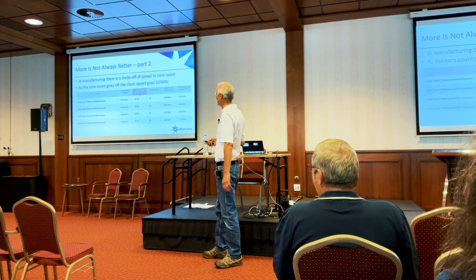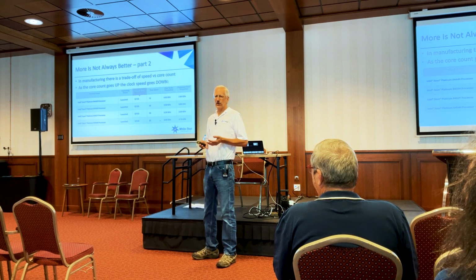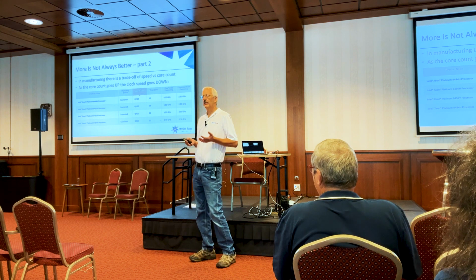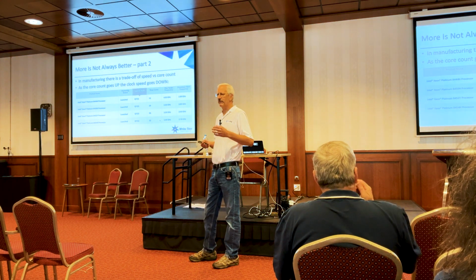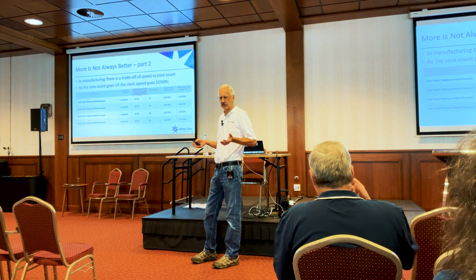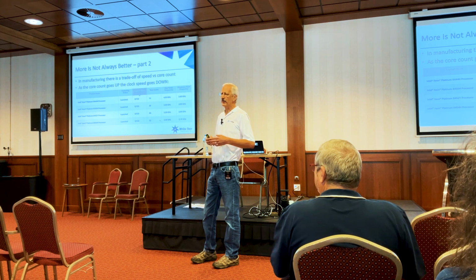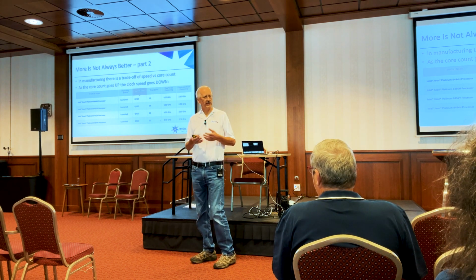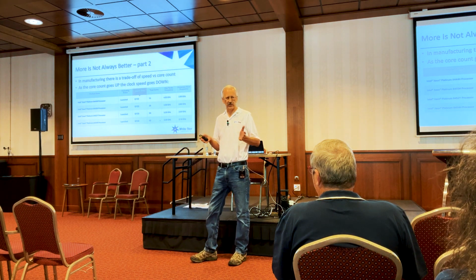Thank you. In manufacturing, there's a trade-off. So when Intel or AMD or ARM or somebody is putting together a new chip, they make a trade-off for the core speed versus the number of cores that they can put on that chip. The more cores you have, the slower they're going to run. So if you go out and buy a 24-core CPU, it's going to be slower than an 8-core CPU from the same family and the same generation of those chips.